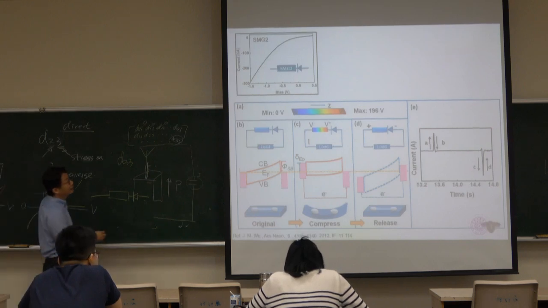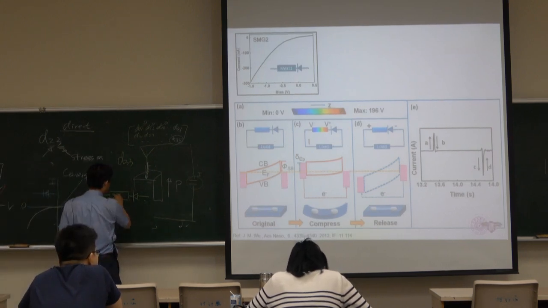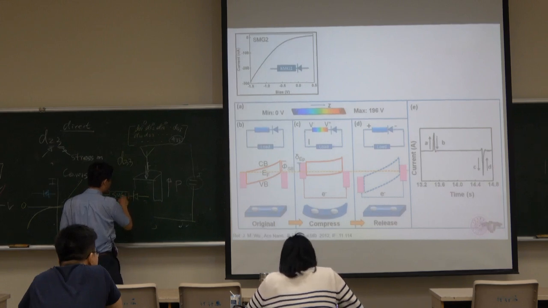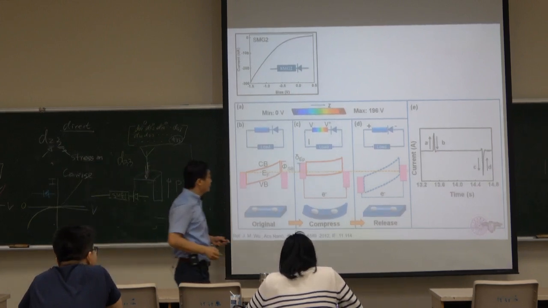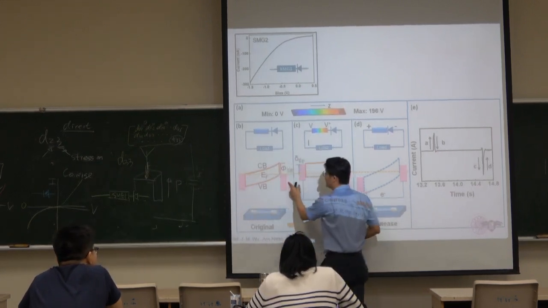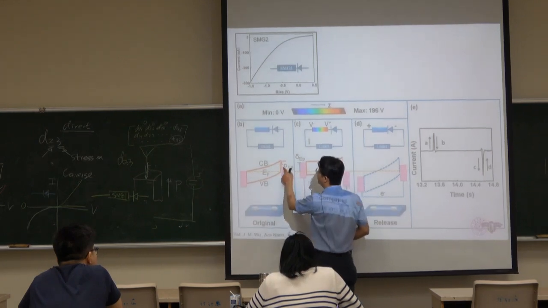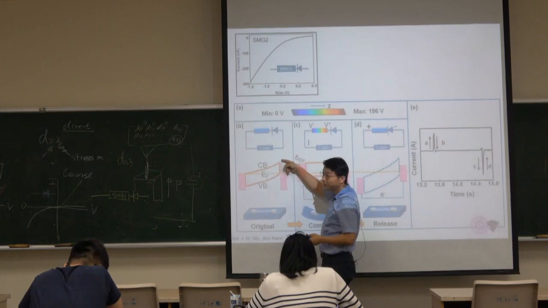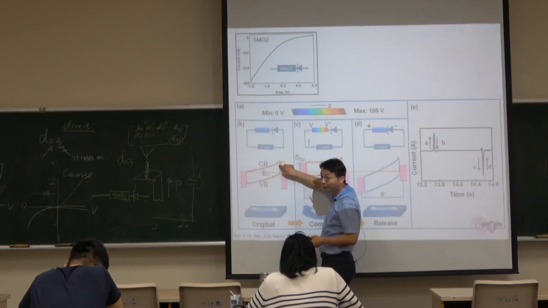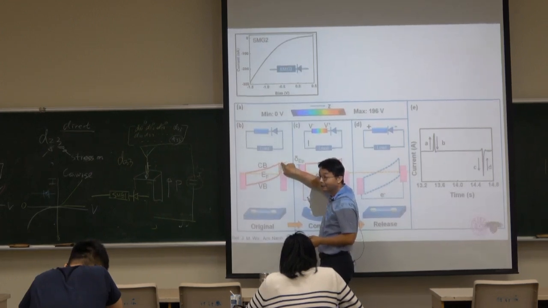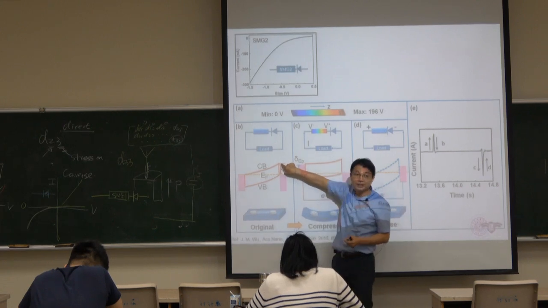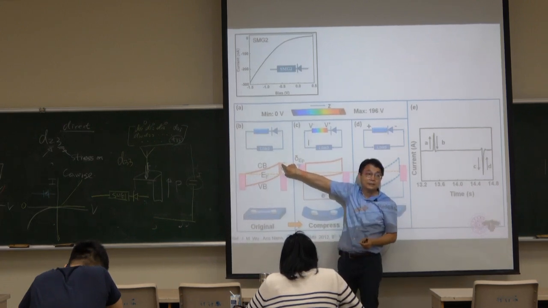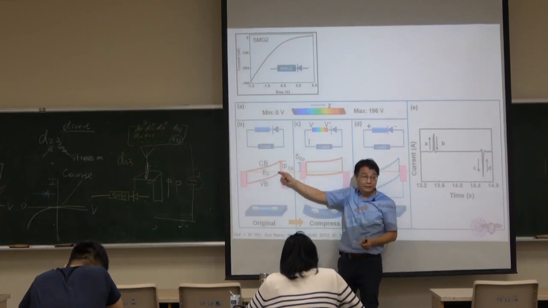And this is the device SMG1. So for the band diagram, because one side has a Schottky contact, that means you have the Schottky barrier established on a single side. You have the Schottky behavior.